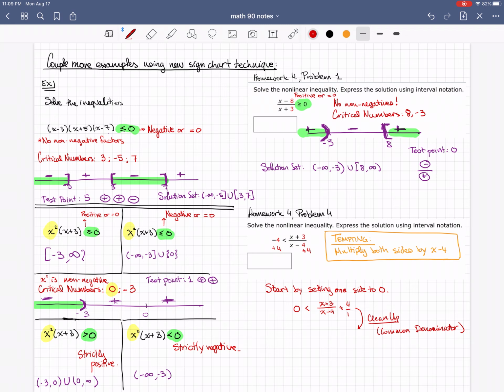Okay, so I'm going to rewrite here to have a little bit more room. And to make that 4 over 1 have the same denominator, I'm going to multiply it top and bottom by x plus 4. So what I end up with is, on the top, x plus 3 plus 4 times x plus 4. And on the bottom, I've made them so they have the same denominator, which is x plus 4.